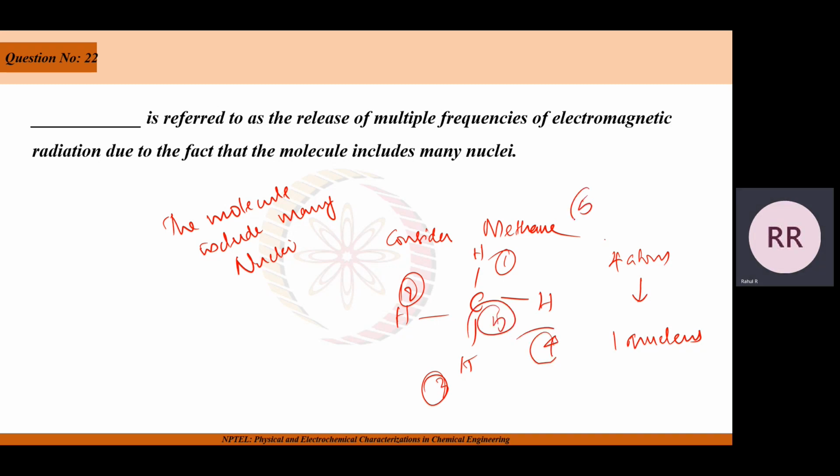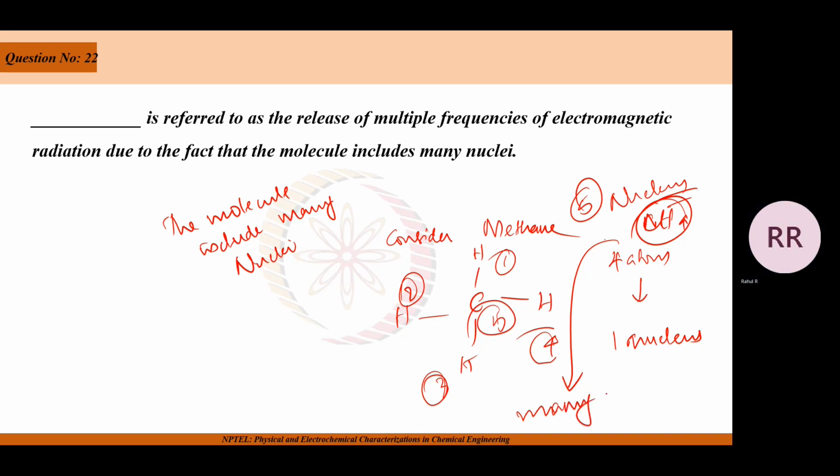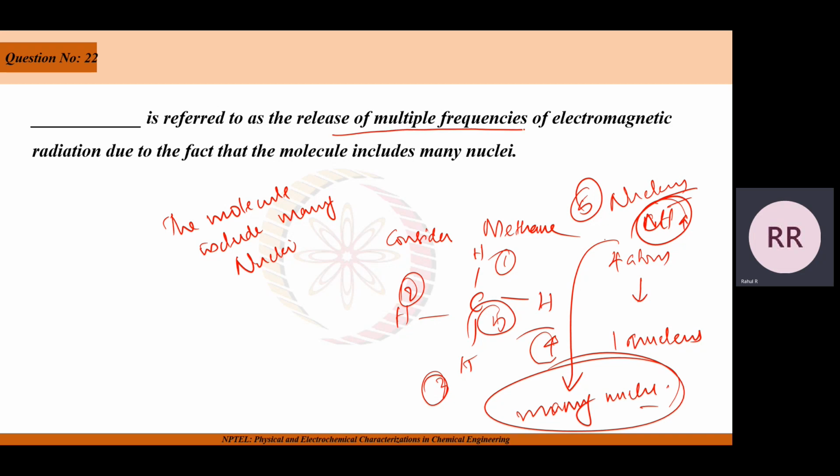So there are 5 nuclei in a CH4 molecule. Due to this large number of nuclei, this will result in the release of multiple frequency electromagnetic radiation. So what is this phenomenon known as? We need to know the name of this phenomenon. I can give you a few seconds to think about the answer, then I will discuss the answer with you.